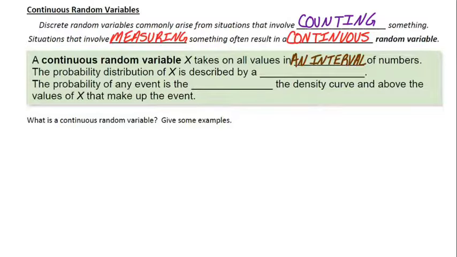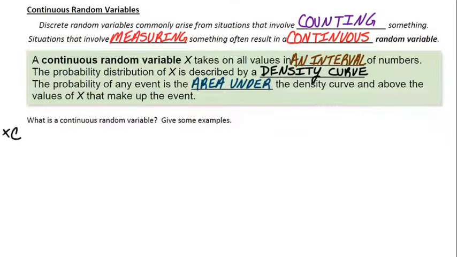The probability distribution of x is described by a density curve, like a normal curve, for example. The probability of any event is the area under the density curve and above the values of x that make up the event, basically above the x-axis and under the curve. Calculus people, that should sound familiar.